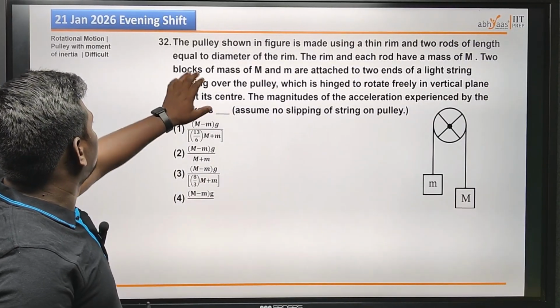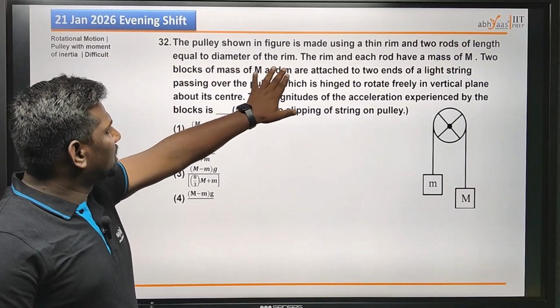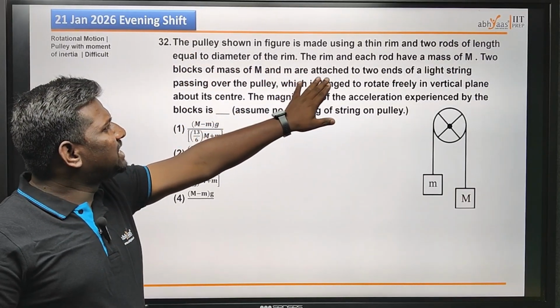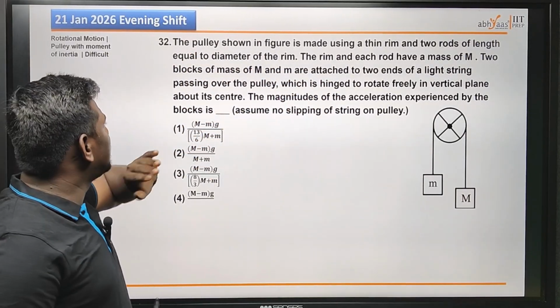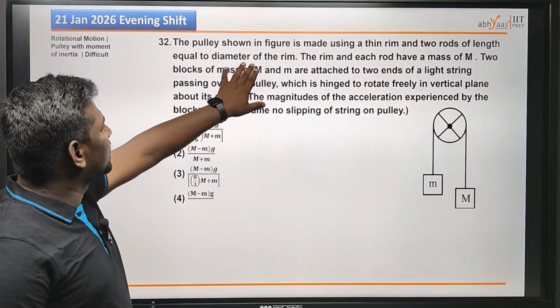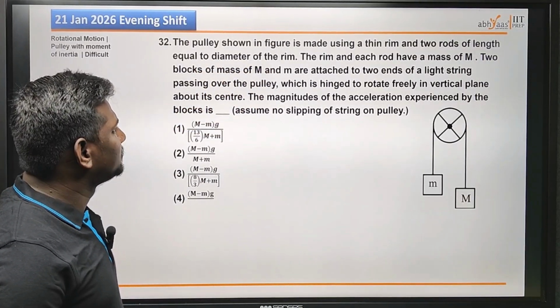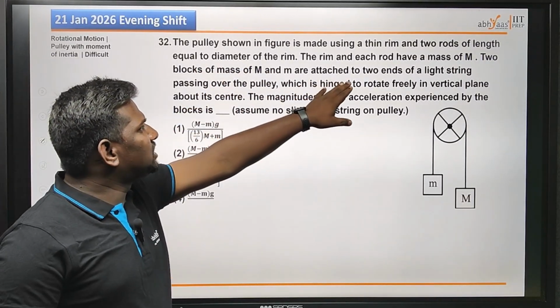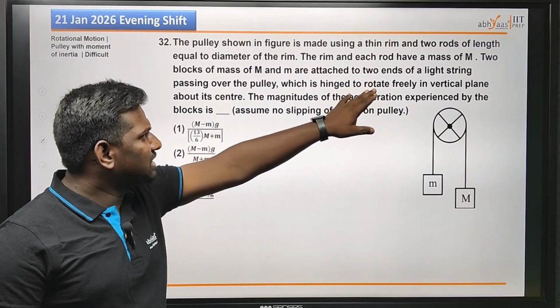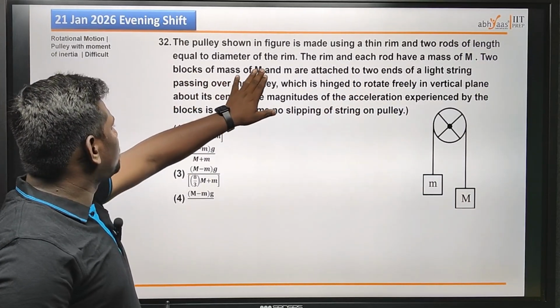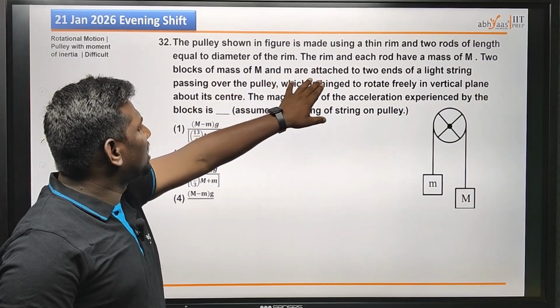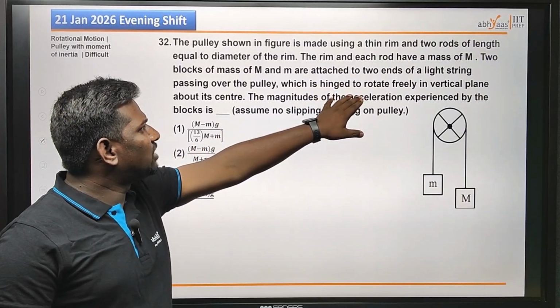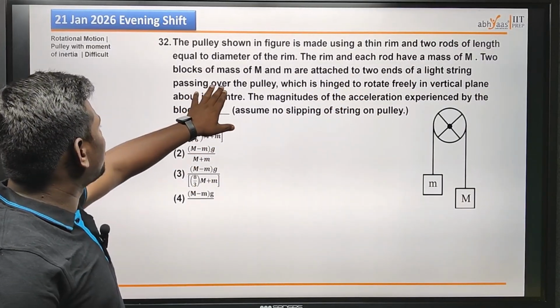The pulley shown in the figure is made using a thin rim and two rods of length equal to the diameter of the rim. The rim and each rod have mass m.